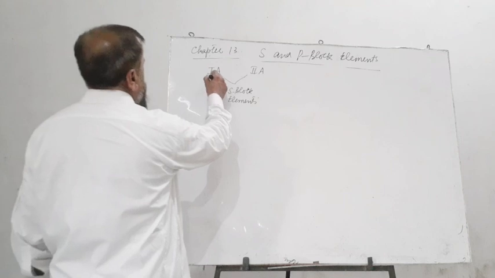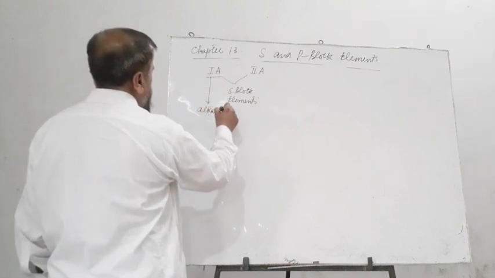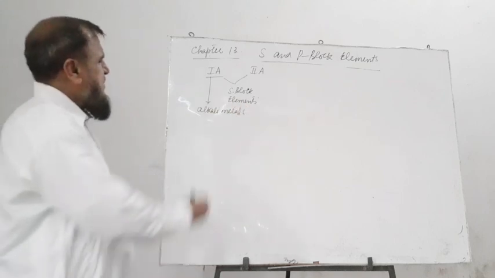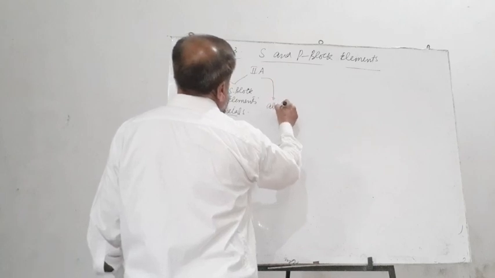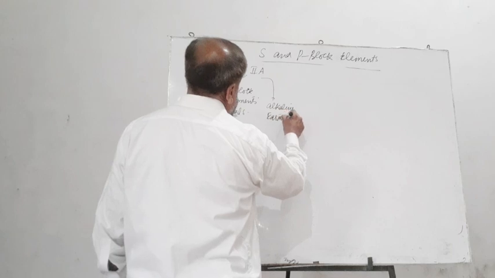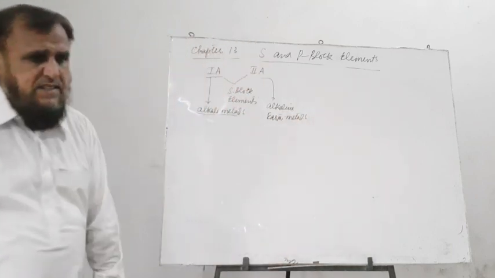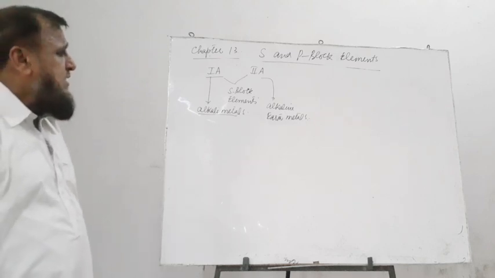Group 1A elements are known as alkali metals because they are metals which react with water and produce alkalis, and elements of group 2A are known as alkaline earth metals because their oxides are alkaline in nature and obtained from the earth crust.